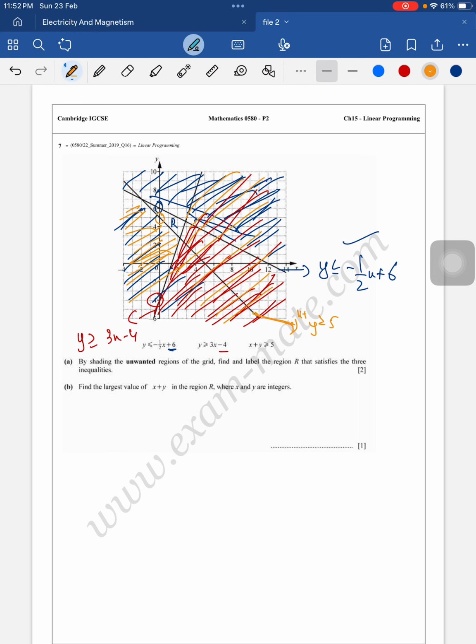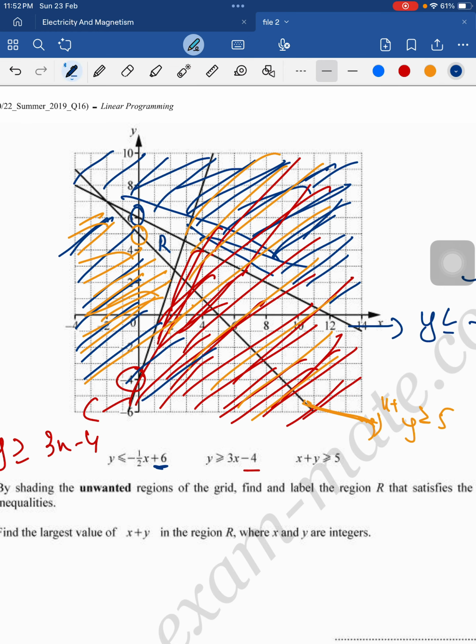Okay, now finishing this, find the largest value of x plus y in the region R. So I will be noticing some points over here. One point is this, one point is this. So this is basically x is 2 and y is over here 4, this is 2 and y is over here 5.